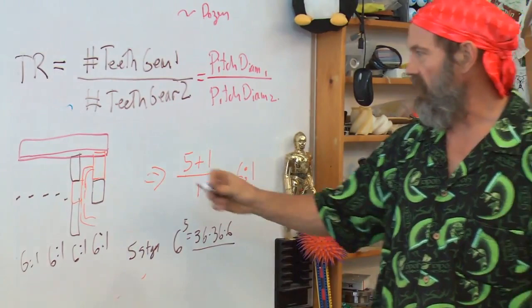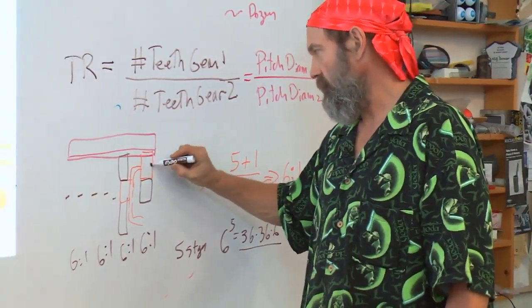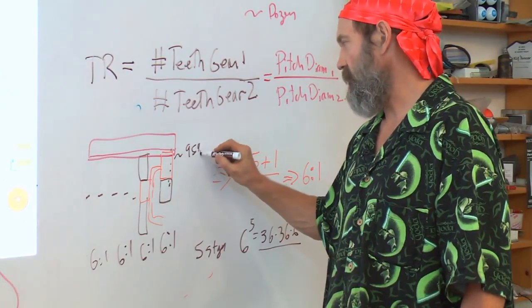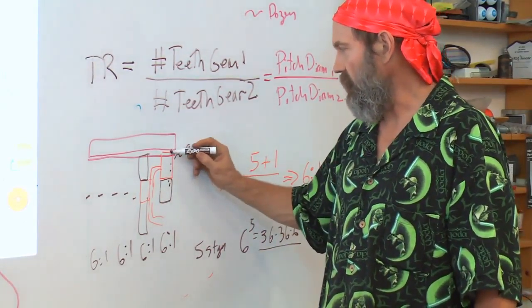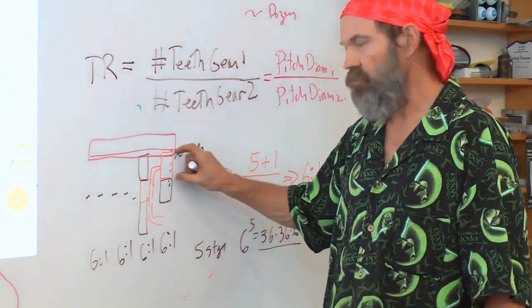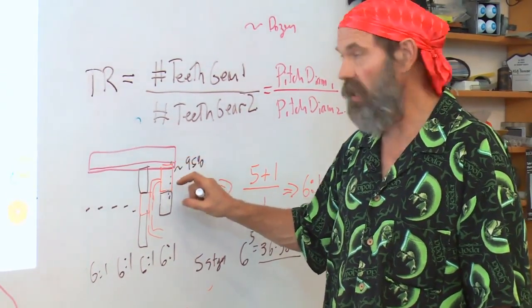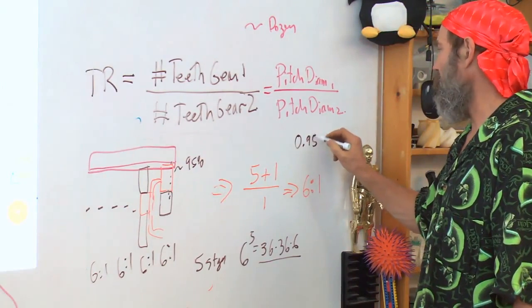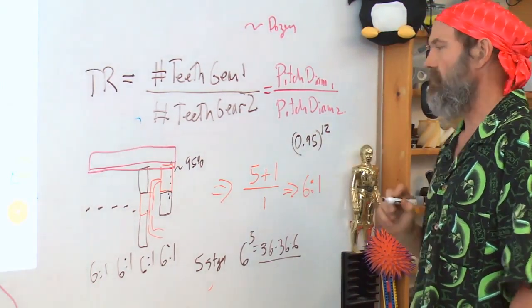But you also got to remember that every time you have a gear tooth to gear tooth contact, you may only be having 95% efficiency. And now if I'm looking at essentially 2 gear teeth contacts per stage, that's 12. So now I have 0.95 to the 12th power.